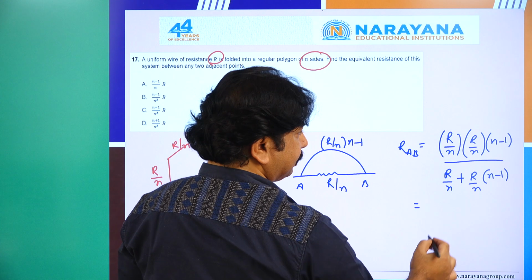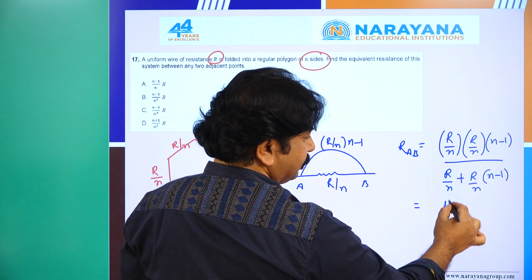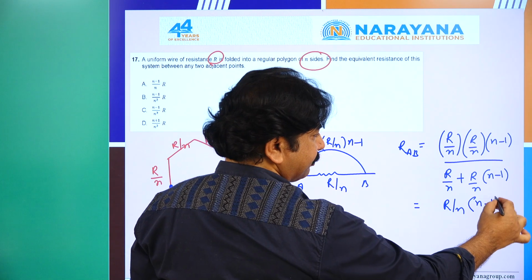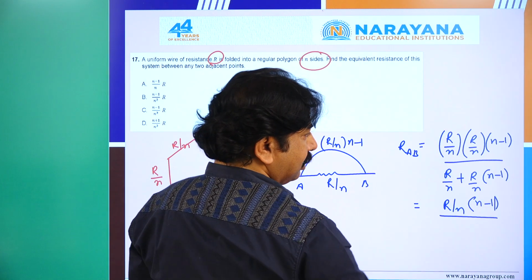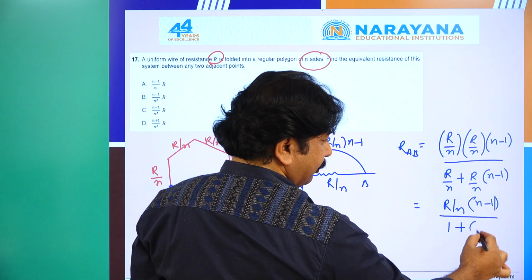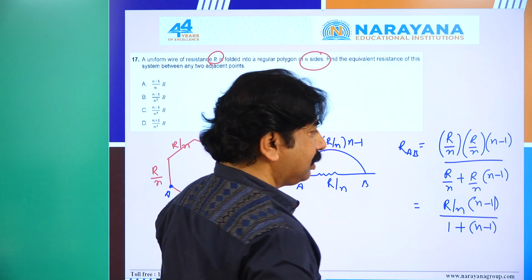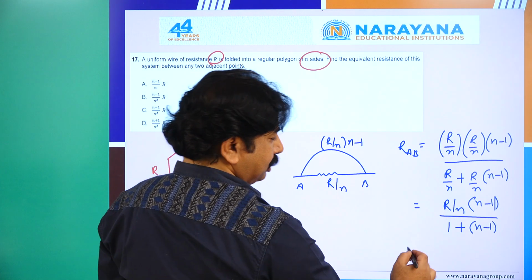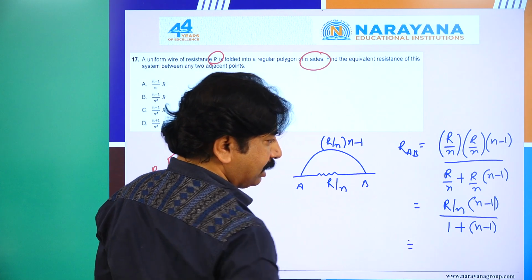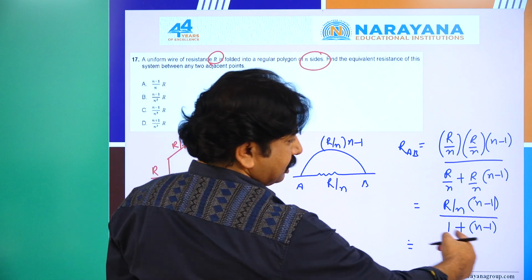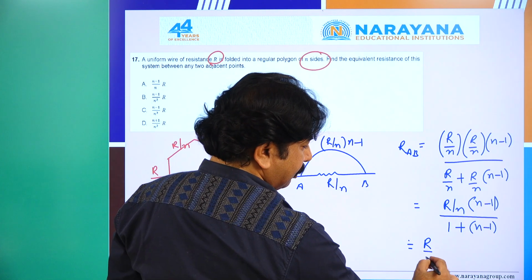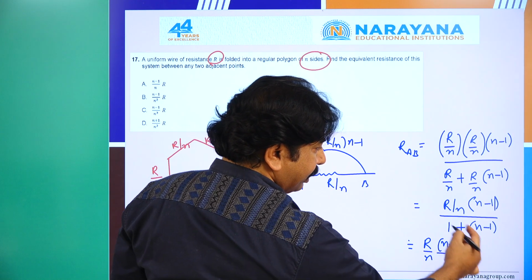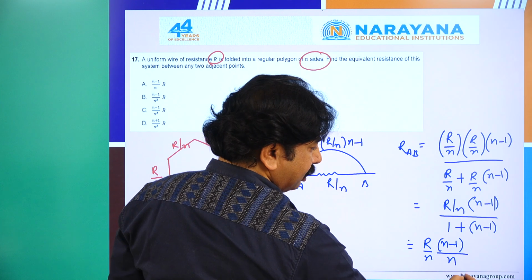The remaining factor in the numerator is R by n of n minus 1, and the denominator is 1 plus n minus 1, which is nothing but n only.